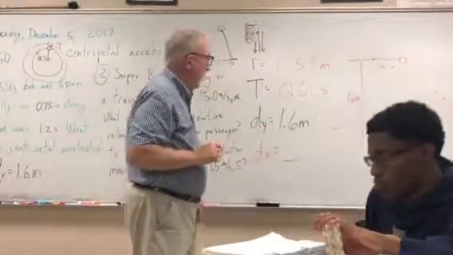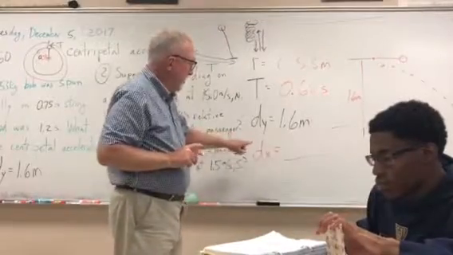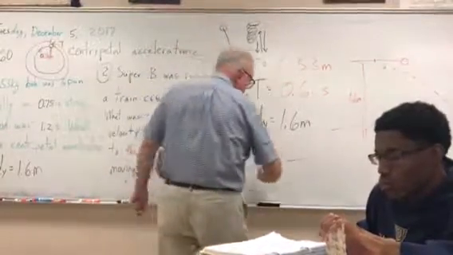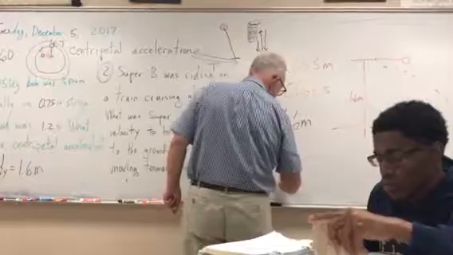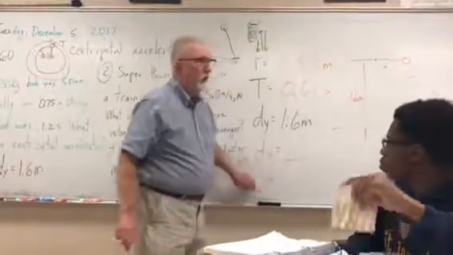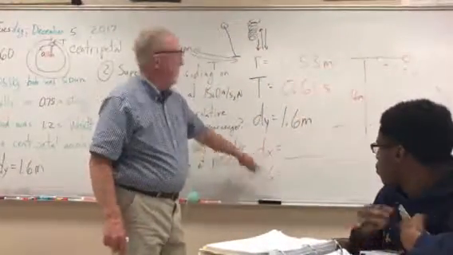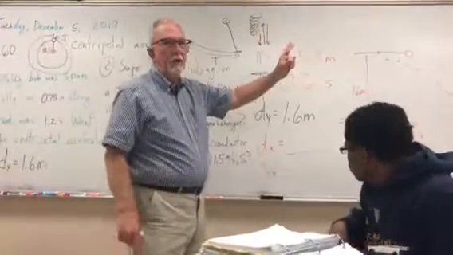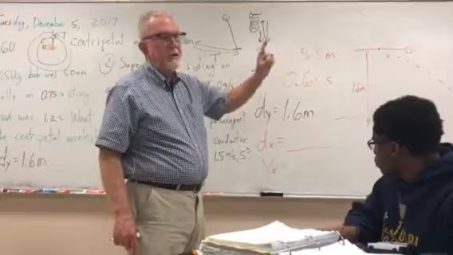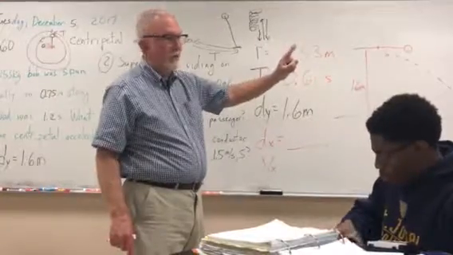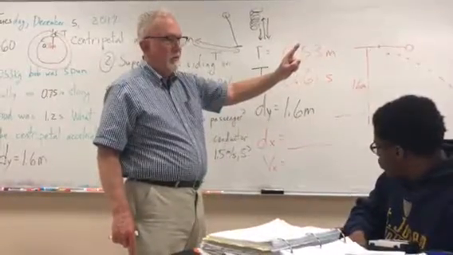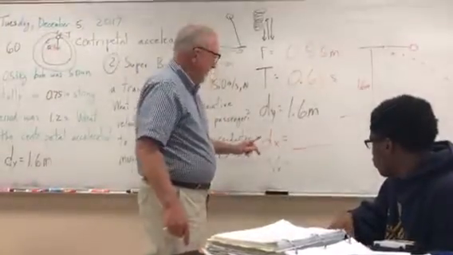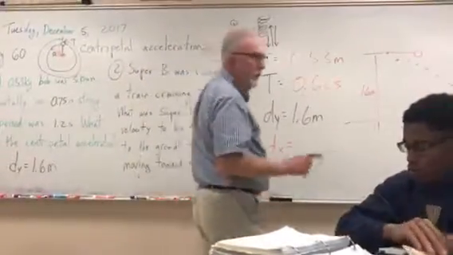Okay, so the first thing we need to know is Vx. What is the horizontal velocity of this ball going around? Because remember, in projectile motion, horizontal velocity, or Vx, does not change. It is constant.